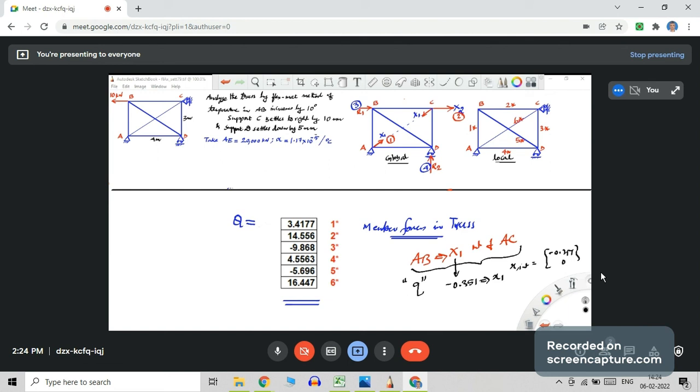But for support reactions, you need to select those coordinates as support reactions. That is, the forces at the support, those coordinates have to be selected. So be clear on whatever I have just now stated.